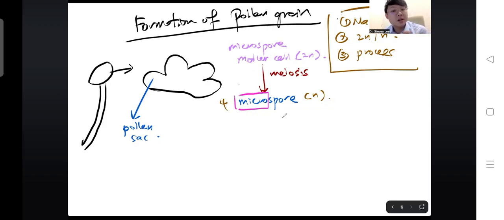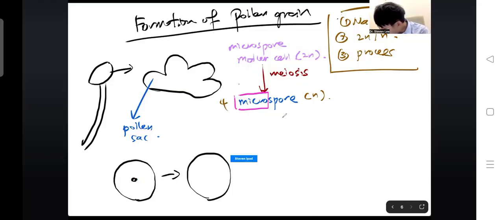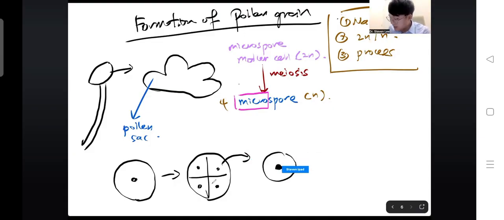But there's a plot twist here. So let's say this is the microspore. So they undergo meiosis, so you produce 4 cells, right? Sometimes we can call this a tetrad also, but usually we call it microspores lah. So the plot twist is, if we zoom into each of these microspores, so initially this is the microspore mother cell 2n. Now there are n already, isn't it? Microspore.